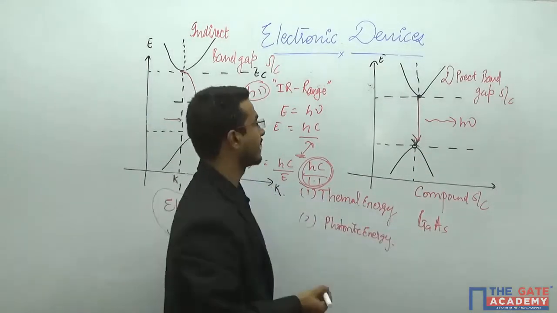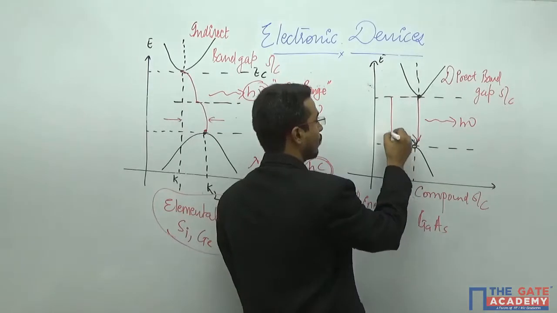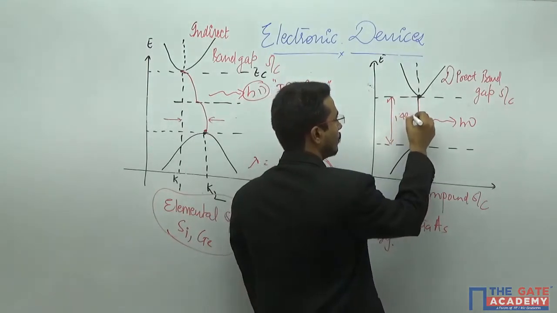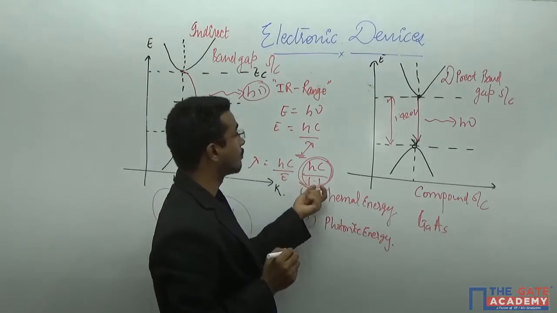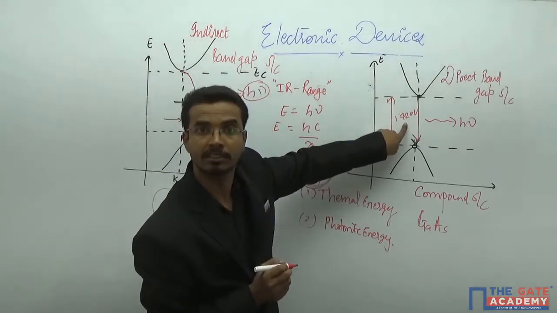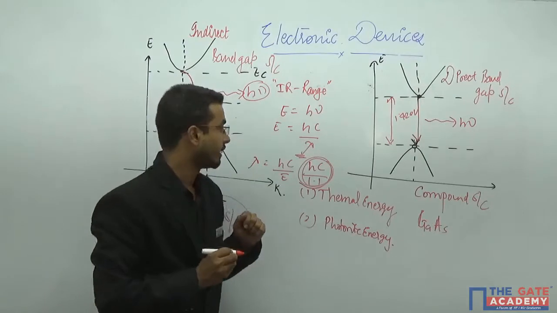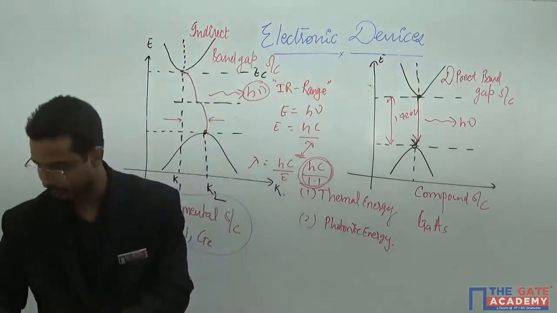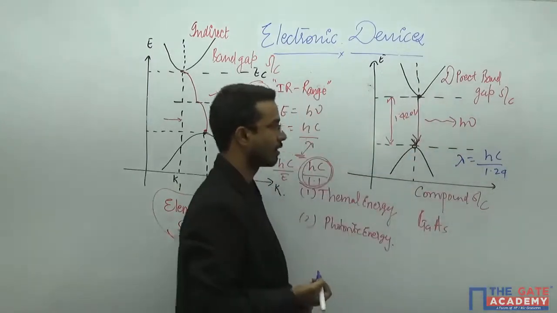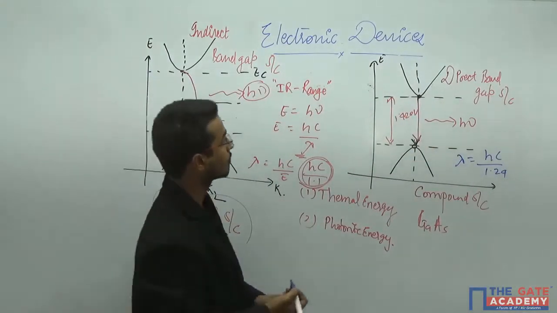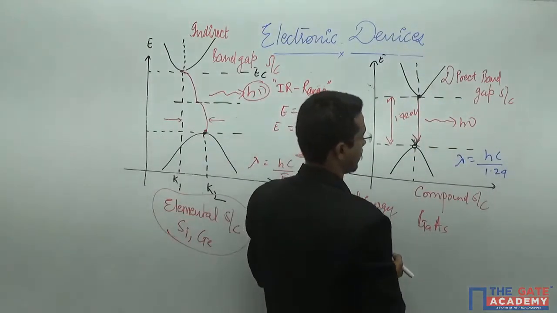The general band gap of this material is 1.42 electron volt. So instead of 1.1 electron volt, if you put this, then you will see that lambda is equal to hc divided by 1.42.